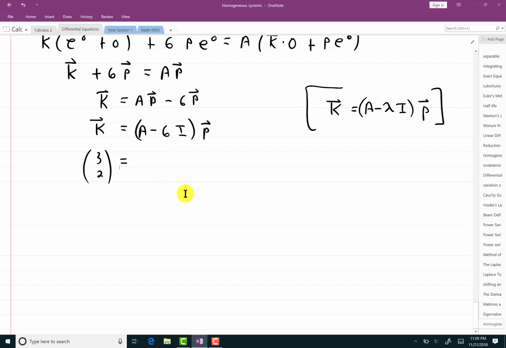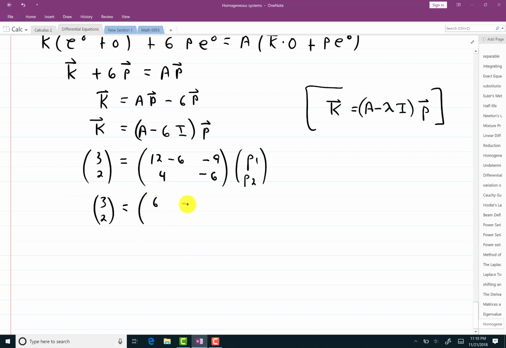A minus 6I, we've done this 100 times. That'll be 12 minus 6, negative 9, 4, negative 6. And for now, I'm just going to call p, p1, p2. Those will be the entries of that vector. I'm trying to figure out what p1 and p2 are. I have the matrix 6, negative 9, 4, negative 6, times p1, p2, equals 3, 2.